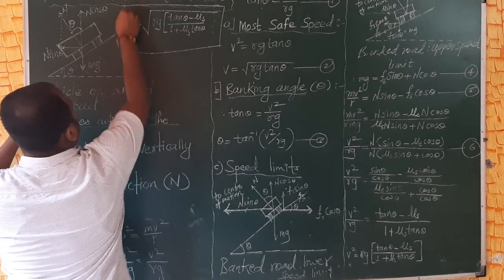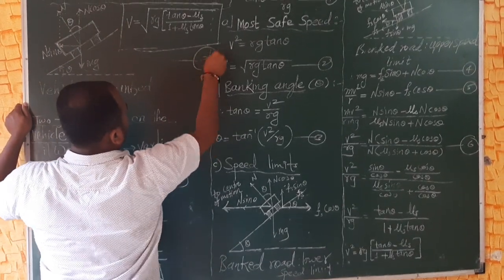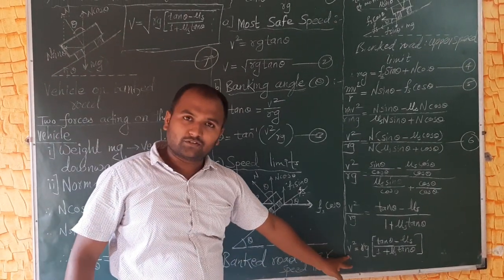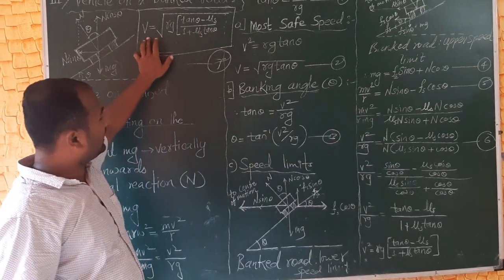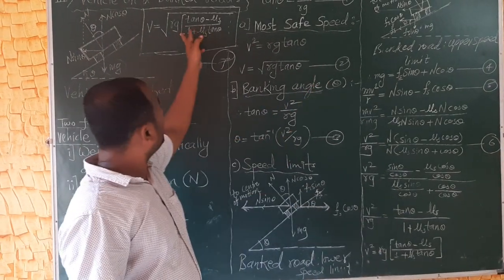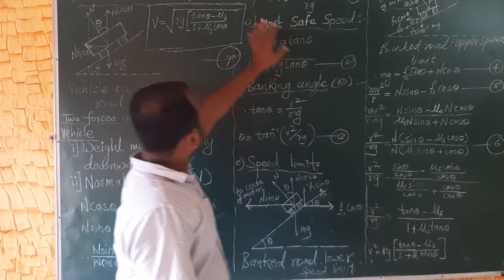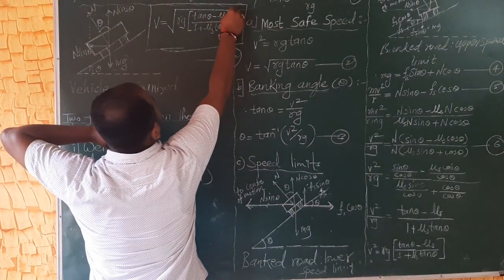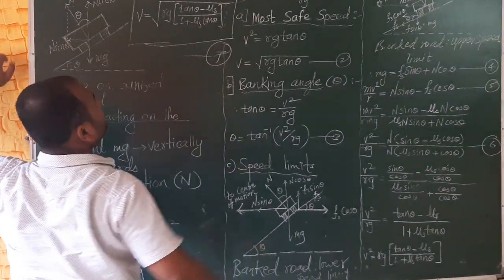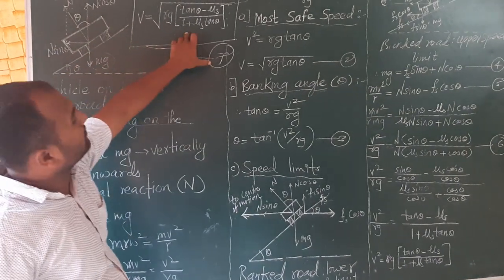So this is equation number 7. Taking square root on both sides, the square root of v square is v, and the square root of rg and of this bracket term, tan theta minus mu s upon 1 plus mu s tan theta, goes under the root. So this is equation number 7.